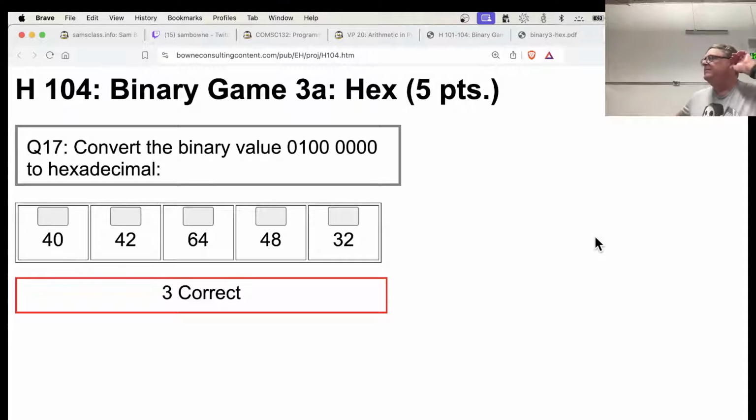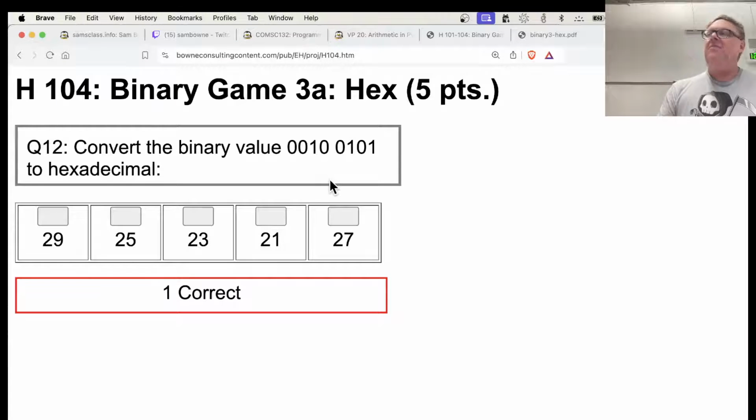What's that? 64? That's base 10. I'm looking for it in hex. 40. That's right. The left nibble is 4, the right nibble is 0. There it is. Now I'm going to give a wrong answer just so I don't reveal the flag here. Then we can carry on. All right, how about this one? 42, right? 4 here, 2 there.